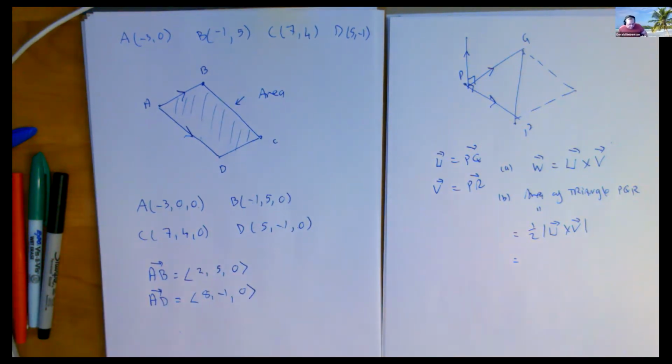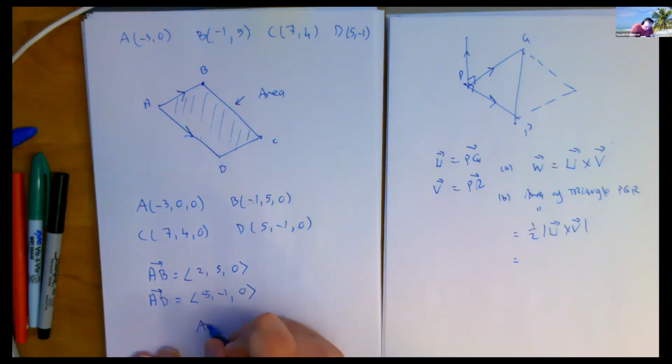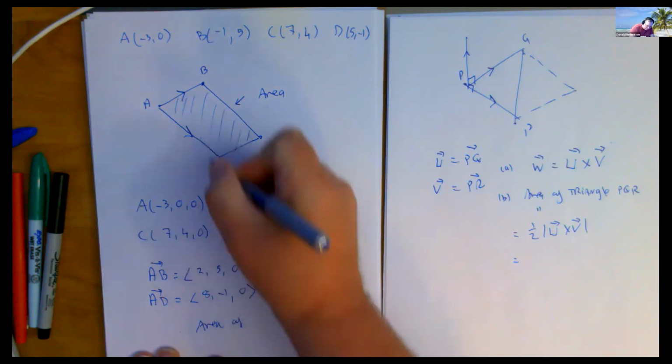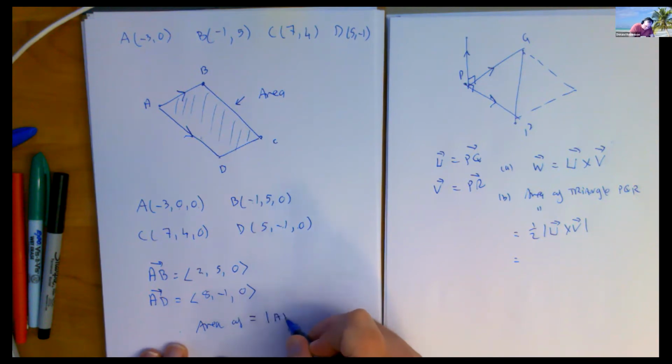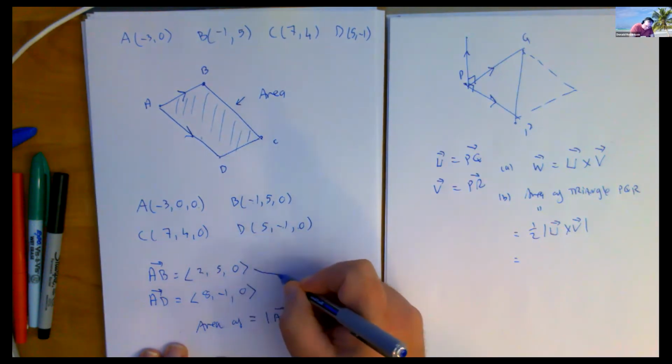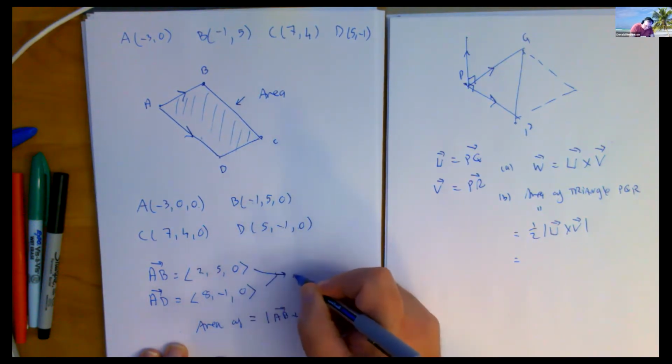Now, coming to the point where I'm going to leave this question alone, if I want to find the area of this shape, isn't it the magnitude of this cross product? So you take these two together and you find their cross product.